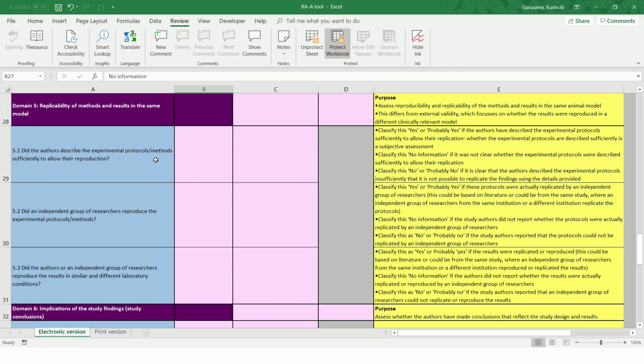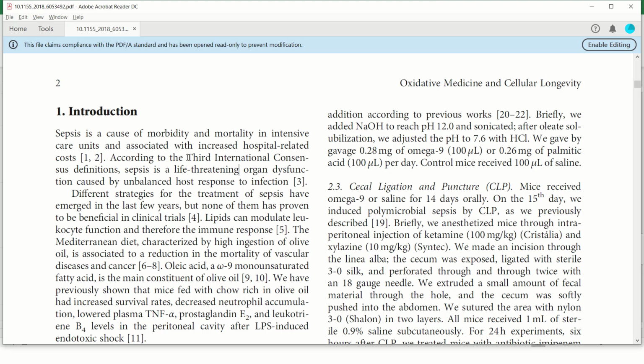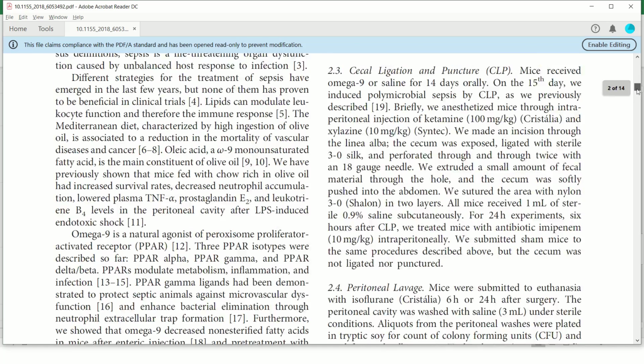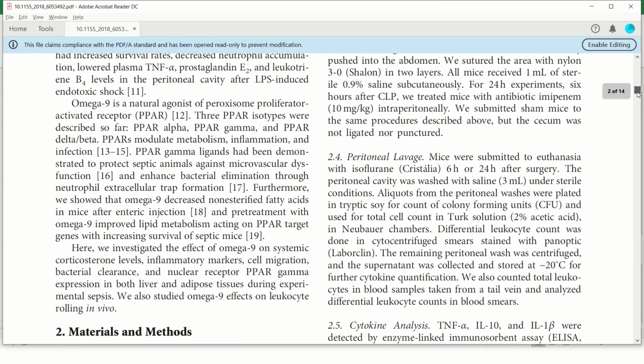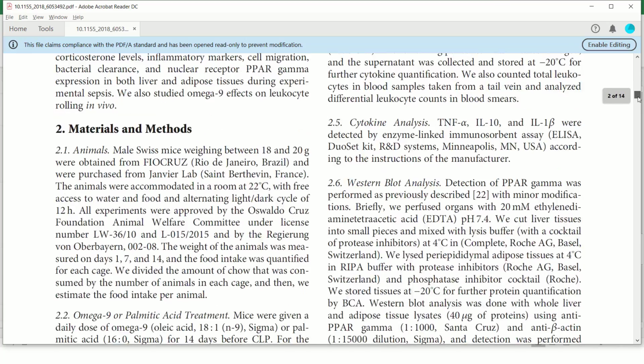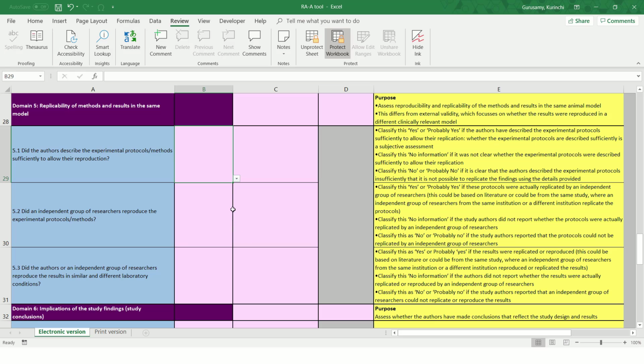Next is, did the authors describe the experimental protocols sufficiently to allow their reproduction? Honestly, I don't know. I've read through this, as you can see from the recording. I don't think this information is sufficient to reproduce the results, but I'm not an expert in this.